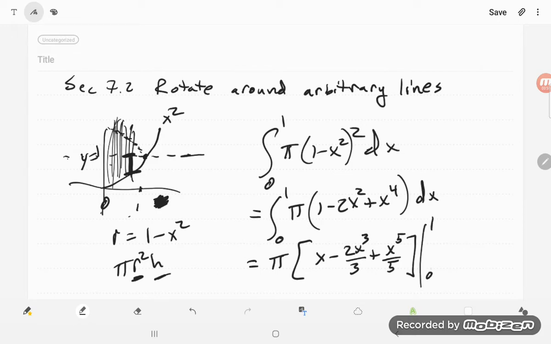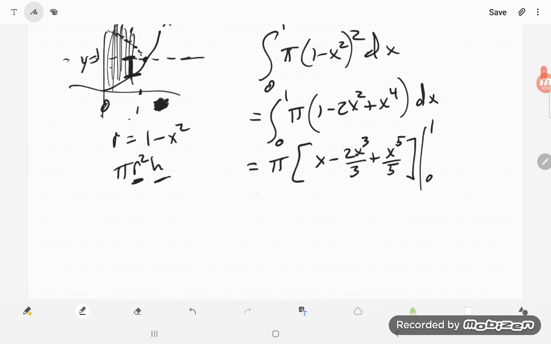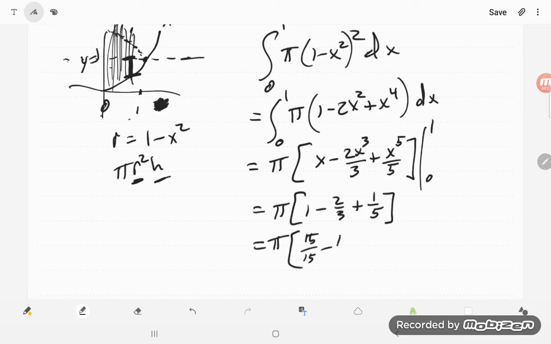from 0 to 1. And nicely, the 0 doesn't matter, makes everything 0. And so I get pi times 1 minus 2/3 plus 1/5. I guess I need to go to 15ths. So that's pi times 15 over 15 minus 10 over 15 plus 3 over 15.